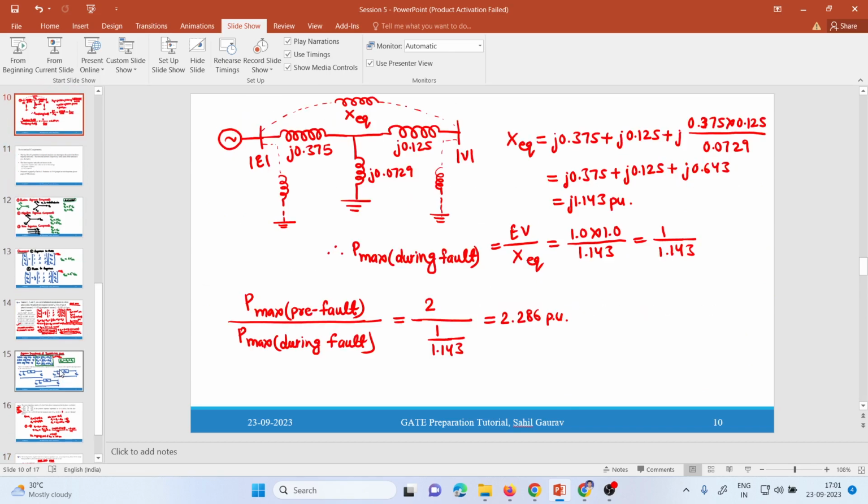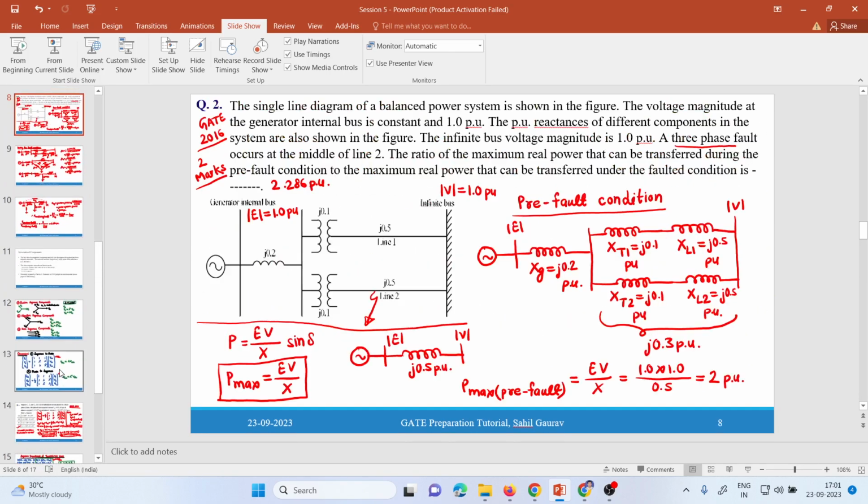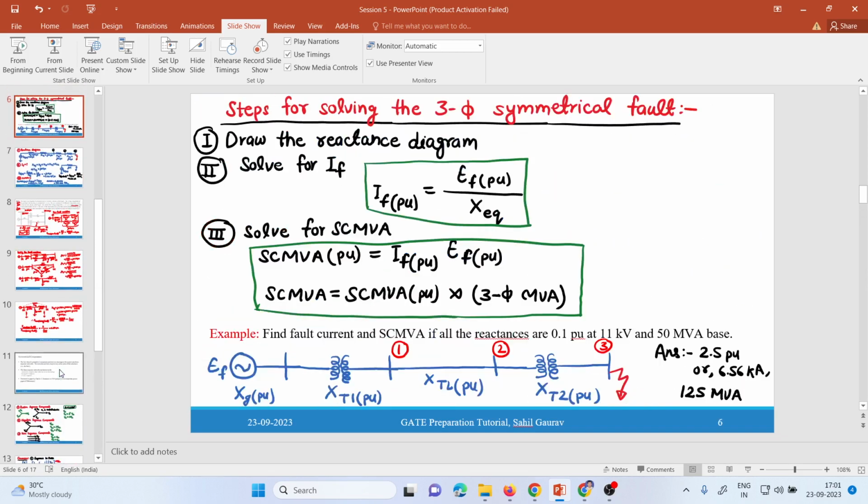For unsymmetrical fault, you need to make a different reactance diagram. This one is for symmetrical fault, and it is the same for every type, because symmetrical fault is triple line or triple LG fault only. But for unsymmetrical fault, we have different expressions for fault current, which means different ways of making the reactance diagram. So we will see that in the unsymmetrical fault analysis.